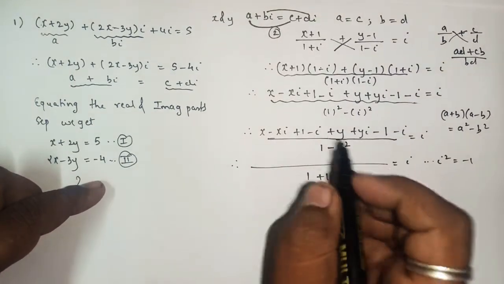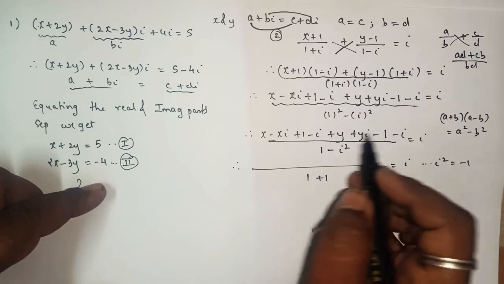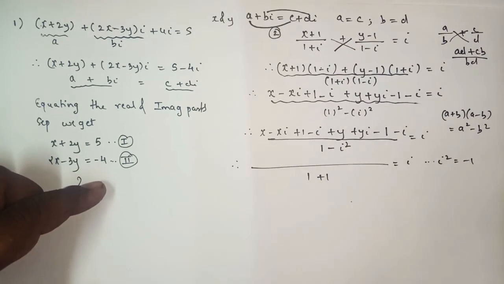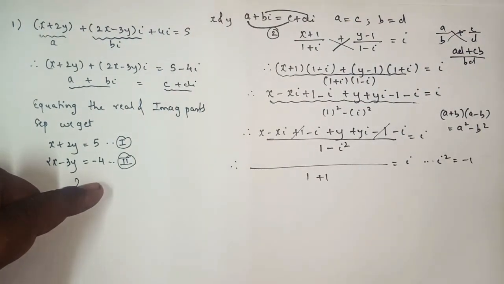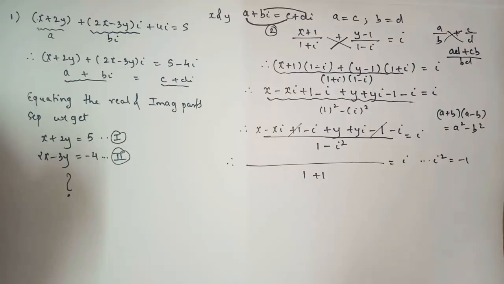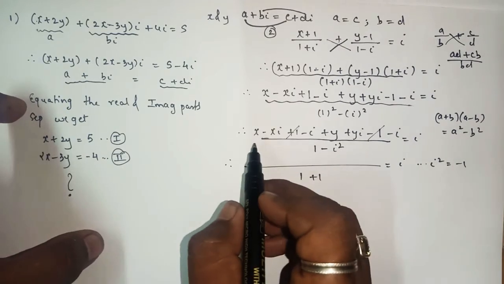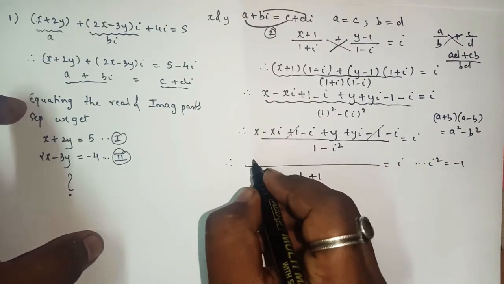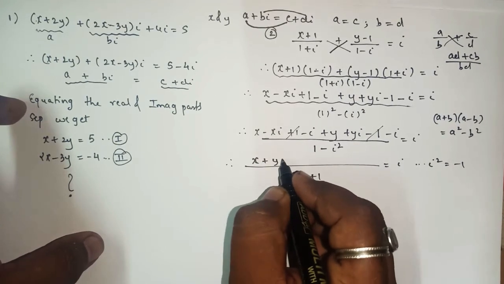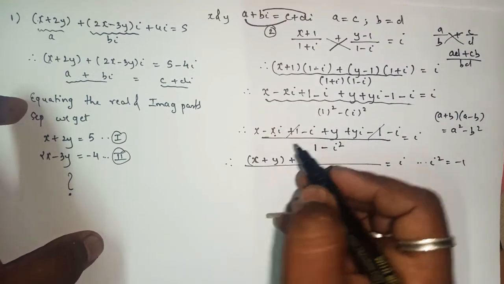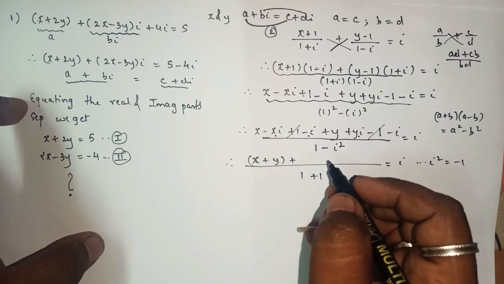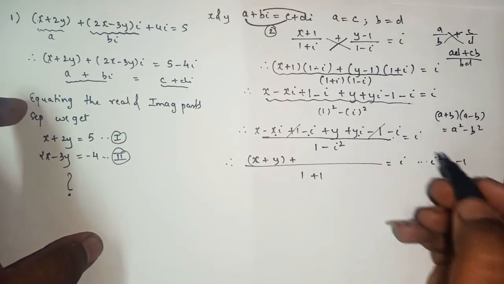So here we'll see if we can cancel the like terms or not, yes or no. So here plus 1 minus 1 will get cancelled, yes or no. After that, clearly we can see that x and y, this part is without i term, so we'll bring this part together, plus this part, which is with i.